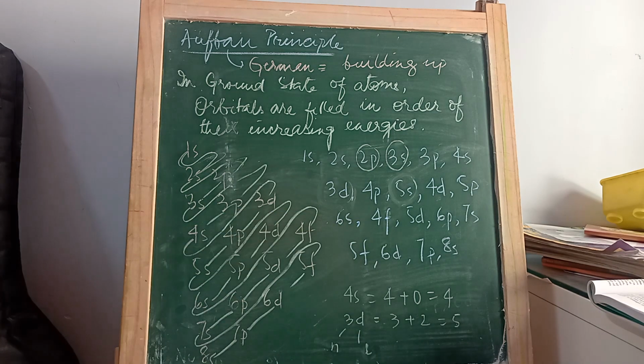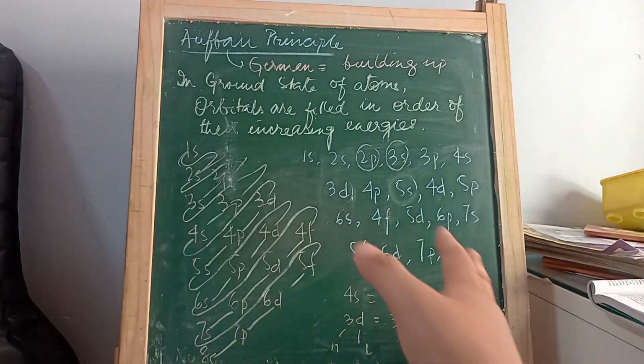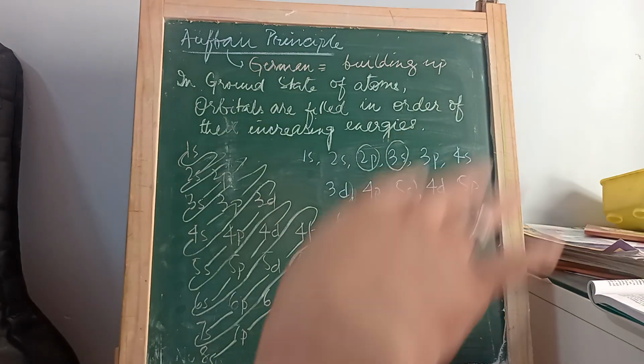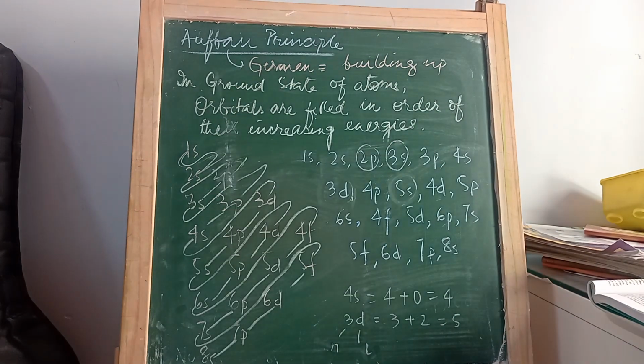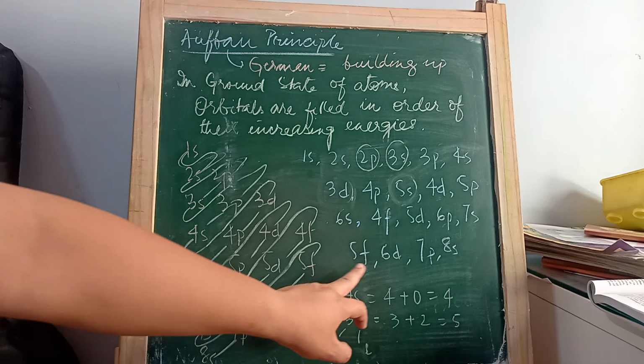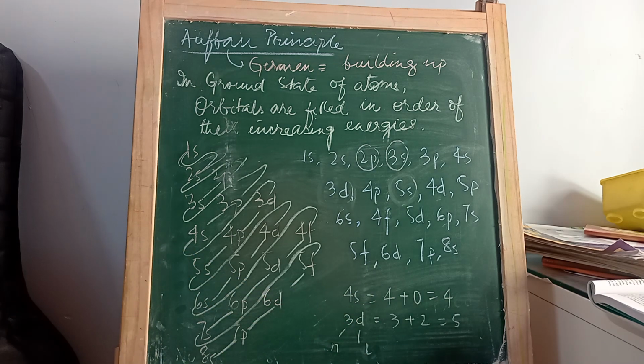These are the orbitals arranged in increasing order of their energy. There are other orbitals also, but we are not using them.